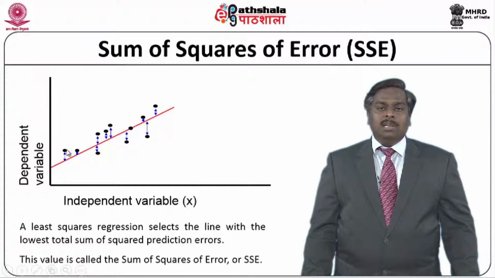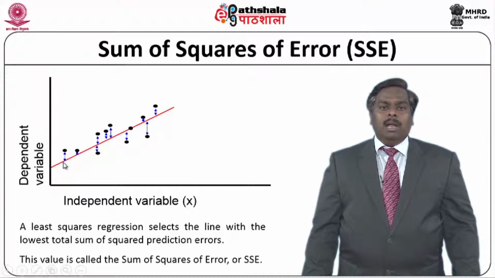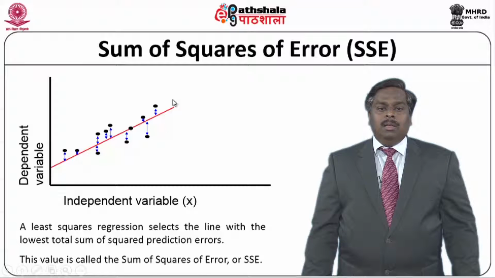So, there will be a distance between the observed variable and say the predicted variable. Now, this difference can be squared and summed, and the entire sum can be treated as the sum of squares of error, which is in short called as SSE.